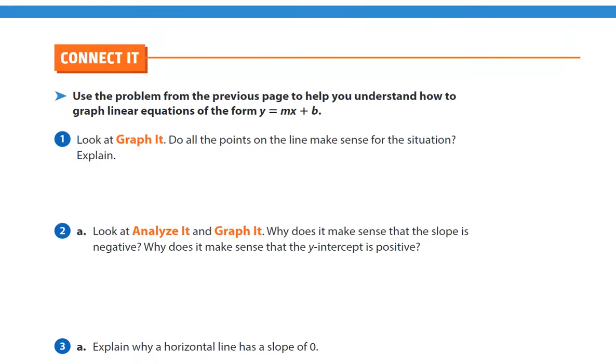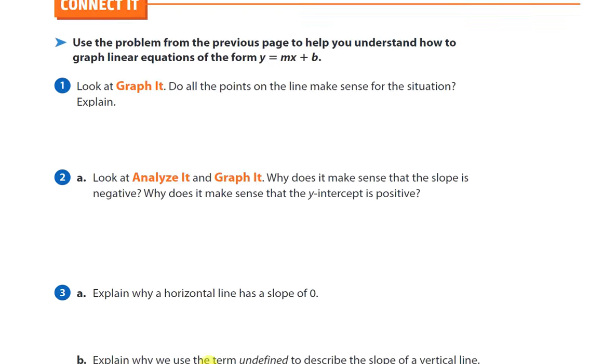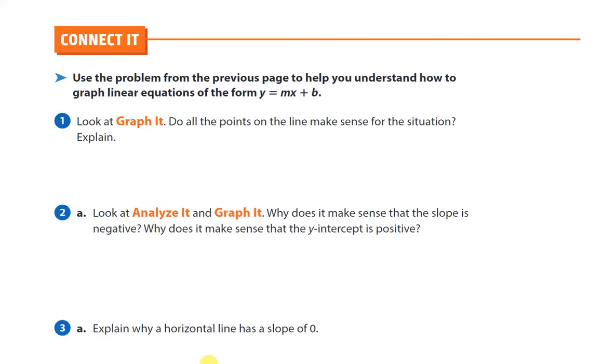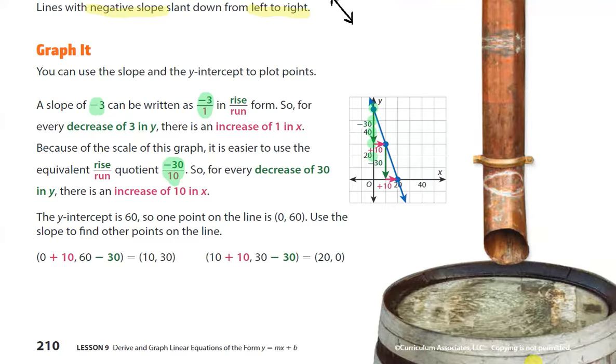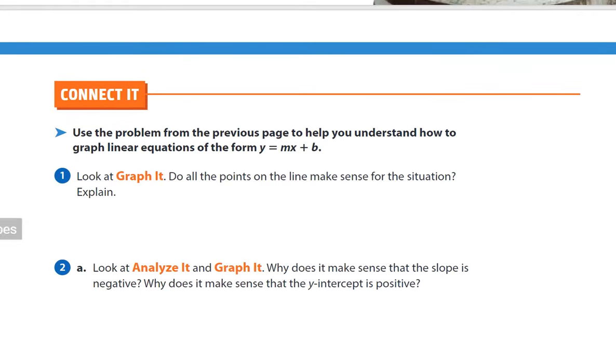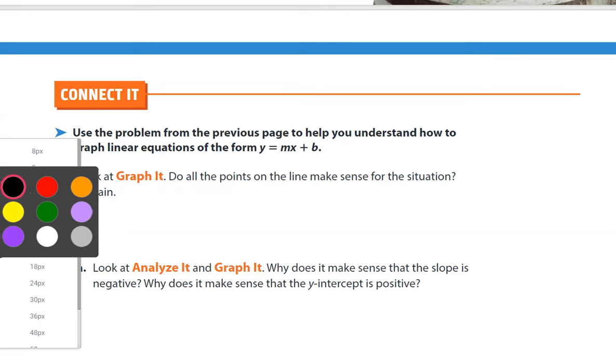Okay, let's see what it wants us to figure out about it now. Number 1, look at the graph. Do all the points on the line make sense for this situation? Oh look, they did notice the thing that I complained about. No, they don't. Remember what I said? Let me make this bigger.